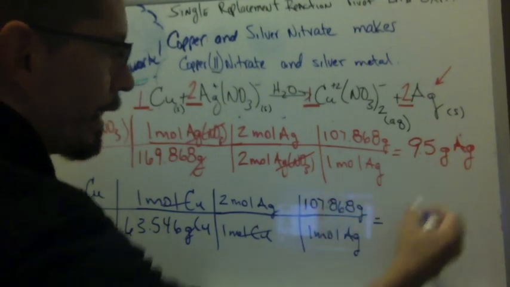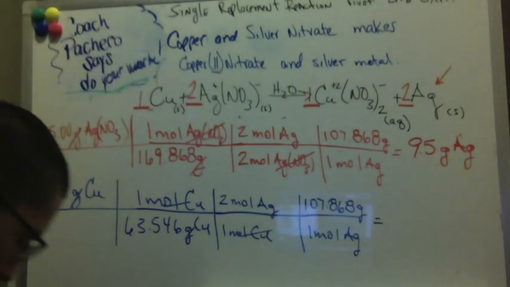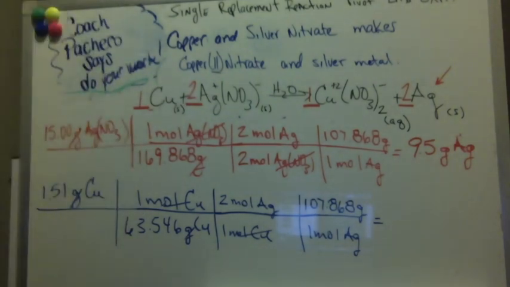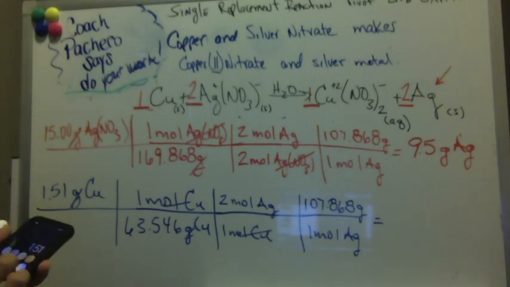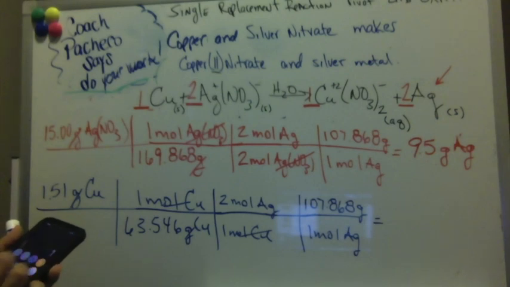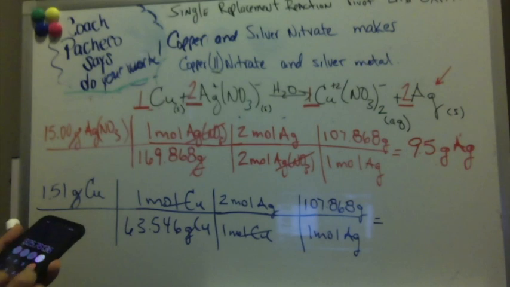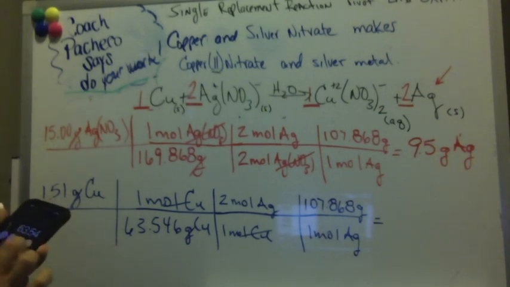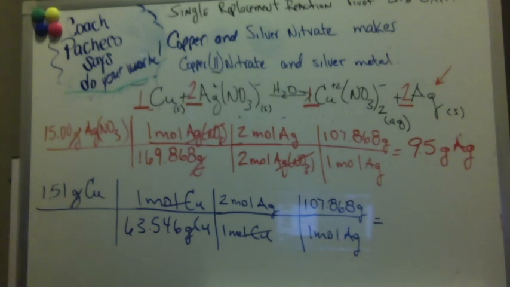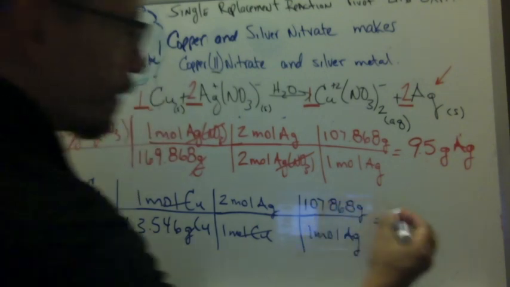And we want to find out the mass. What we're going to do in this case is 1.51 times 1 times 2 times 107.868. Divide that by 63.546. And I'm going to get an answer of 5.12.